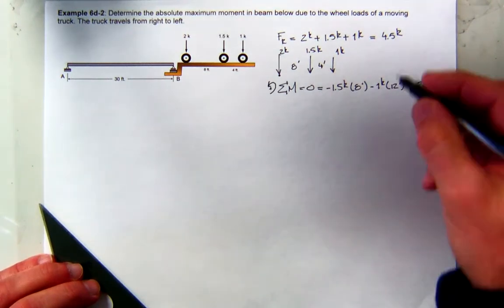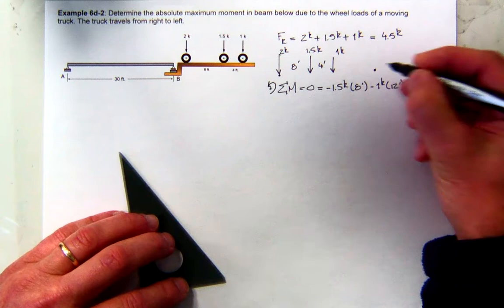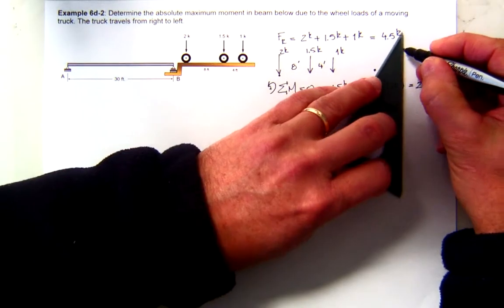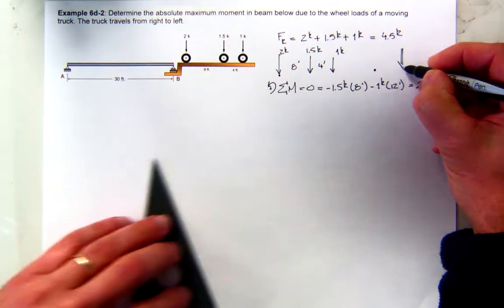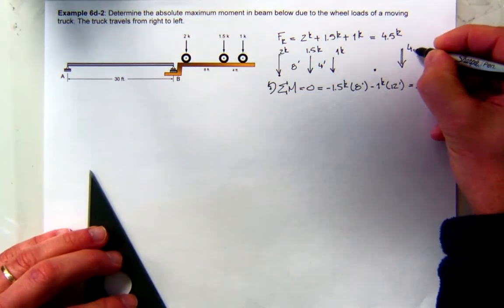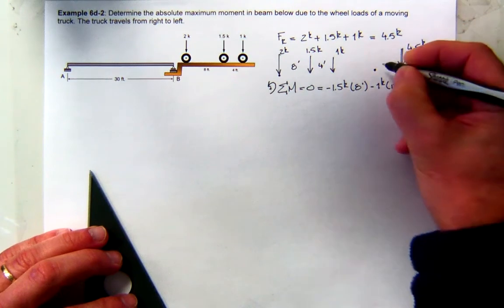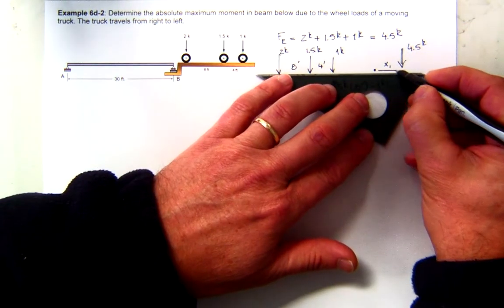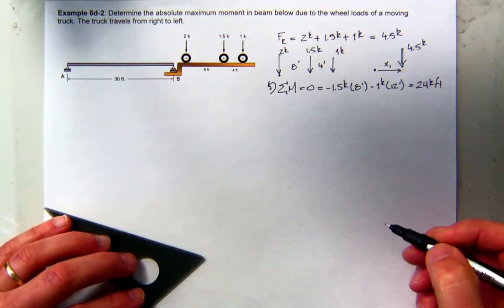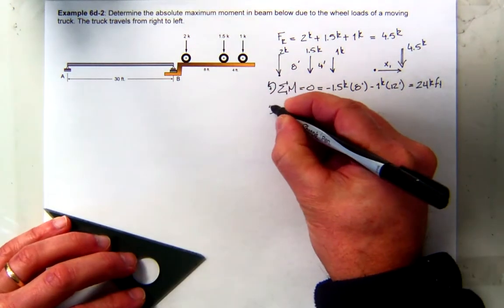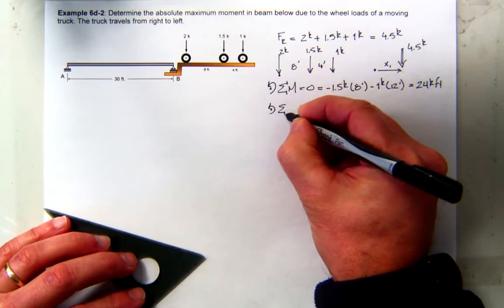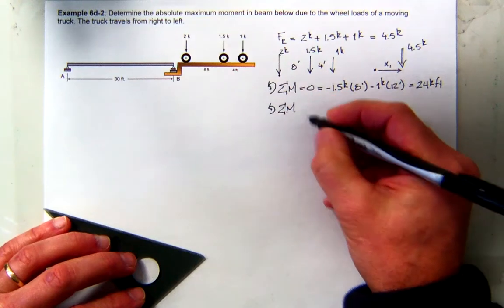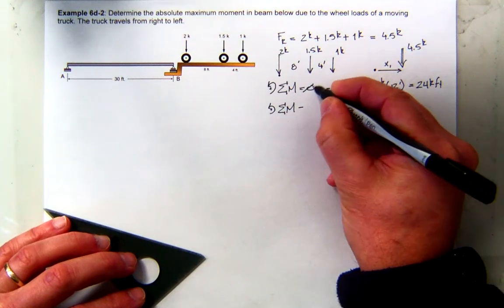Now that same moment, if I were to do it about that same point, what's the moment for the resultant force, which is 4.5 kips, at some distance, say x1. So what distance x1 will give me the same moment? So when I do the same thing there, if I sum moments about that point, it's not equal to 0. This is not equilibrium.